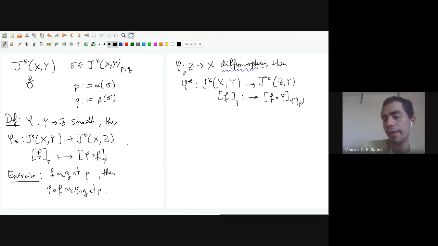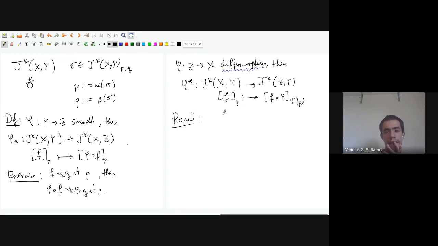So it's a little bit harder to pull back jets than it is to push forward jets. And you should remember, from a class on manifolds, that a similar thing is going on for differential forms and vector fields.